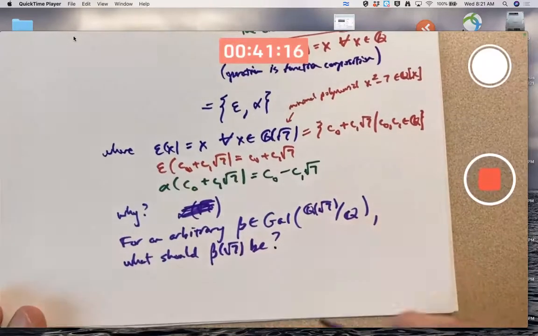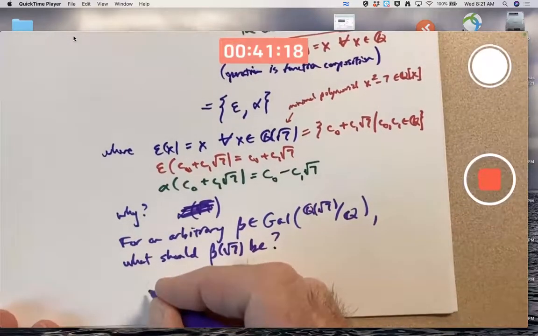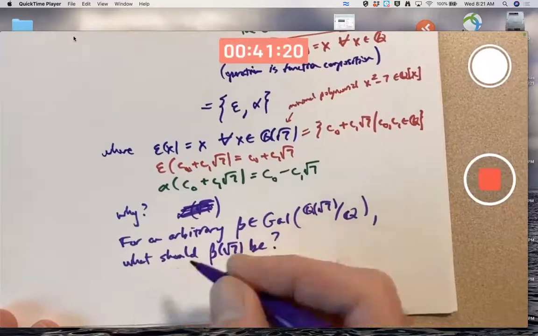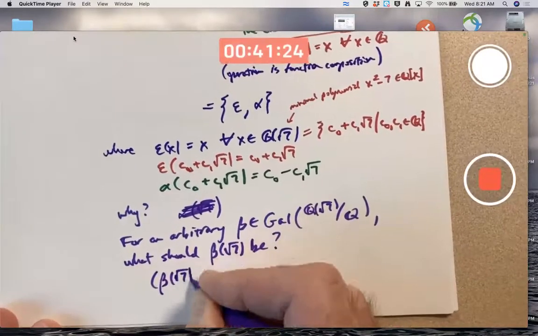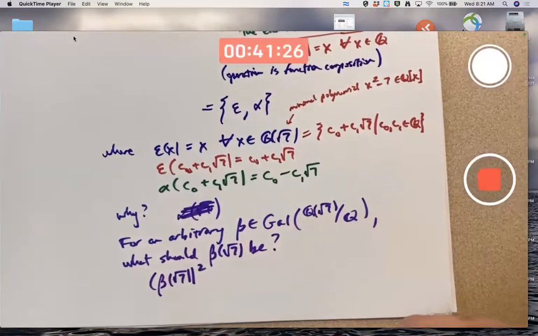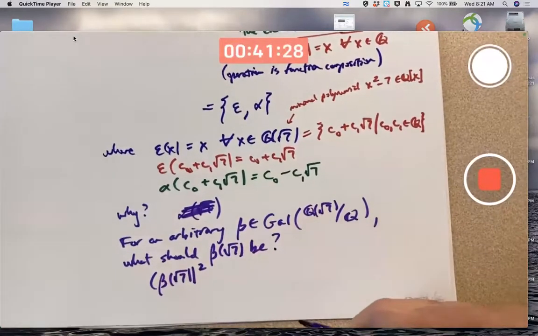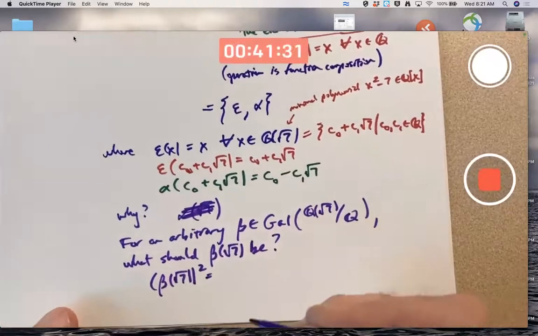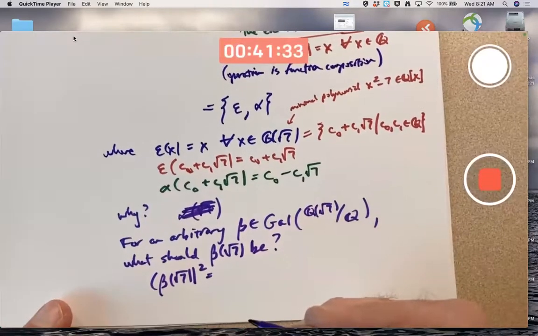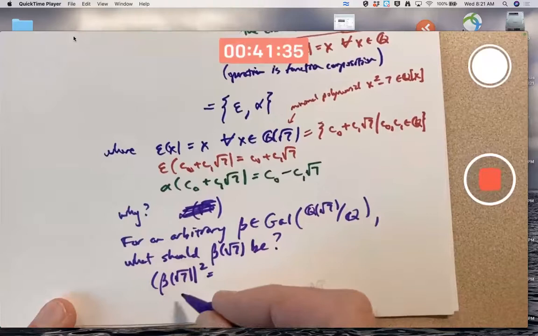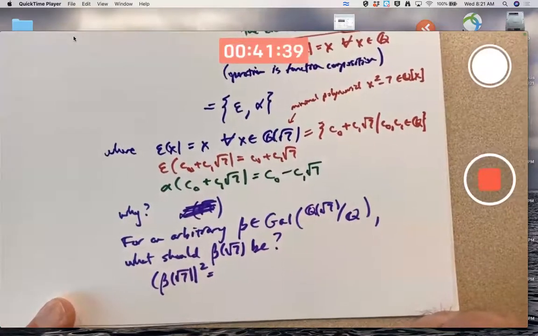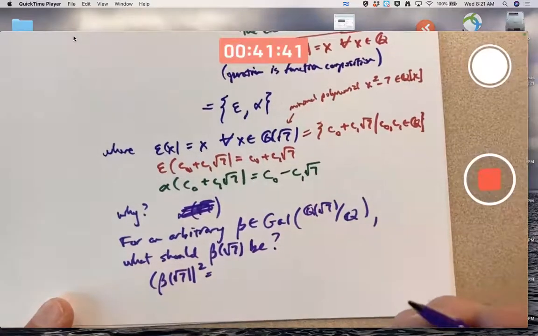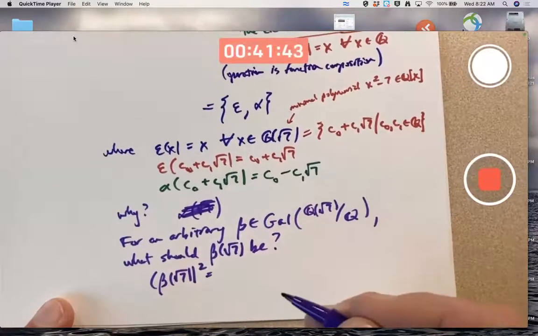Well, do this calculation. Take beta of root 7 and square it, which I can do because beta of root 7 is a real number. It's in Q adjoin root 7. I can certainly square that number. I'm not doing the function composition operation here.